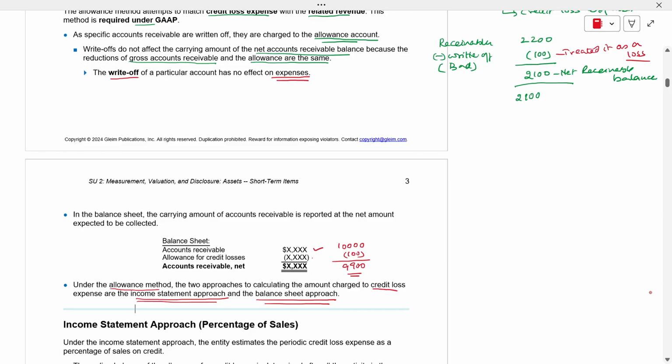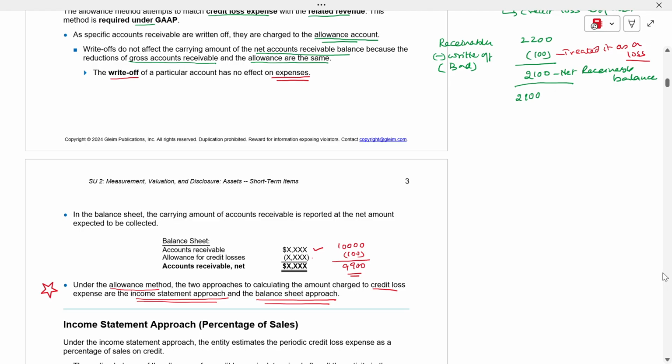If you are taking the allowances, either you follow the income statement approach or the balance sheet approach. These are the things that really matter to us. We should be very clear. Wherever I am putting stars, be more focused on that.